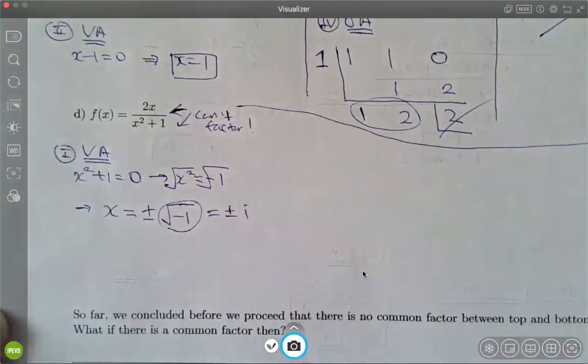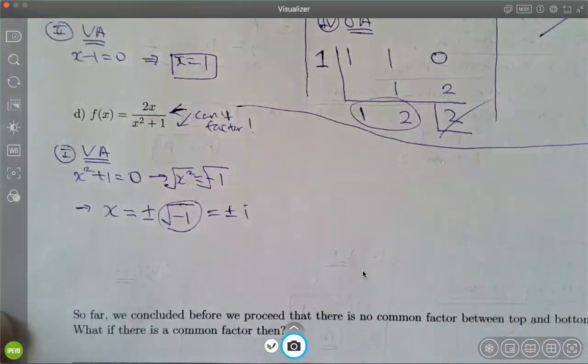How many vertical asymptotes did we get? None. Why? Because those aren't real numbers. Do you see why?